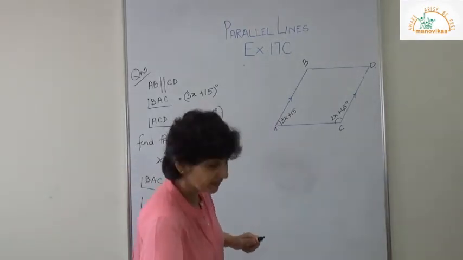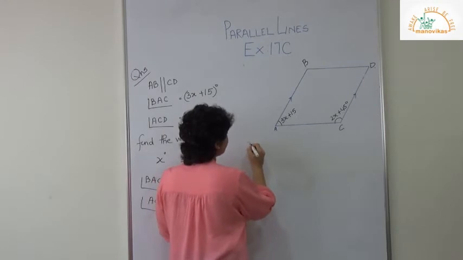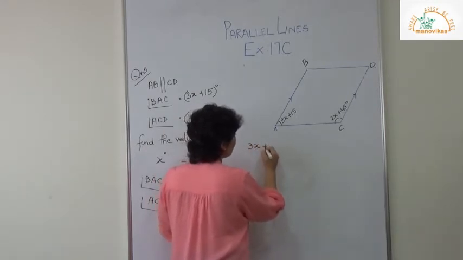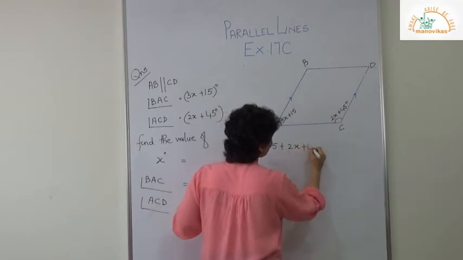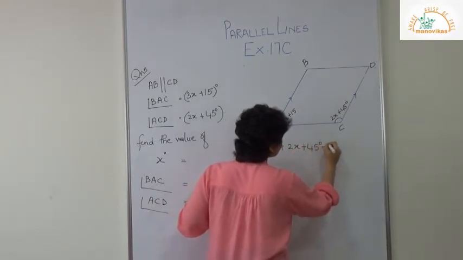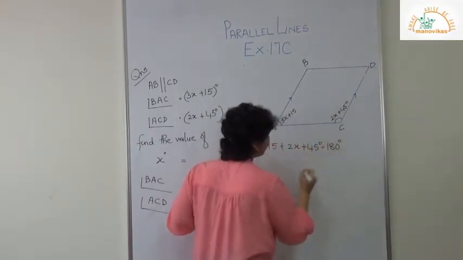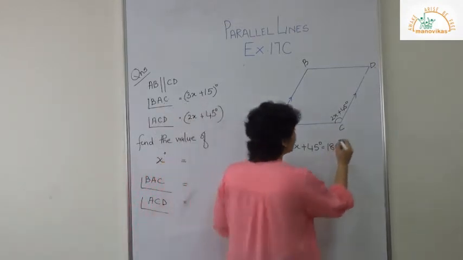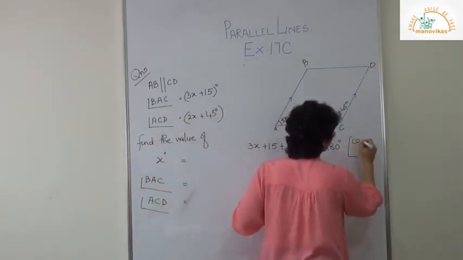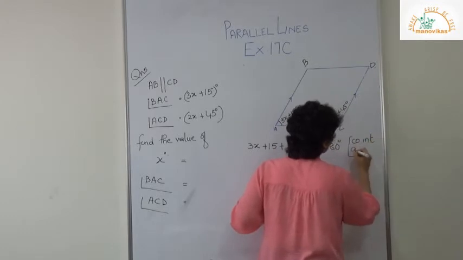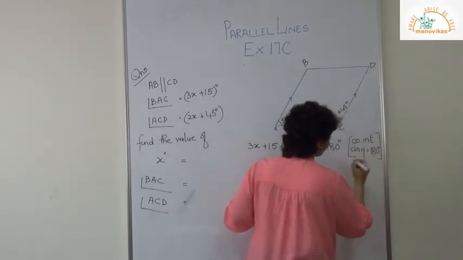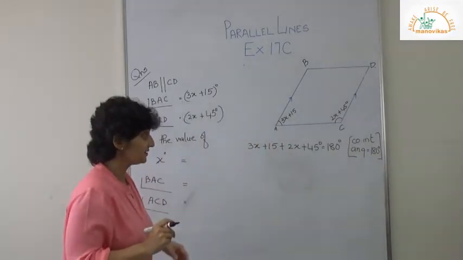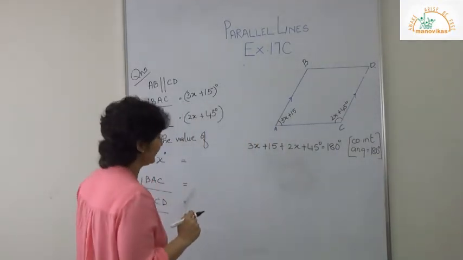So now when I work this out, 3x plus 15 plus 2x plus 45 degrees is equal to 180 degrees. What is your reason? Co-interior angles is equal to 180 degrees. Correct? The sum of co-interior angles is equal to 180 degrees.